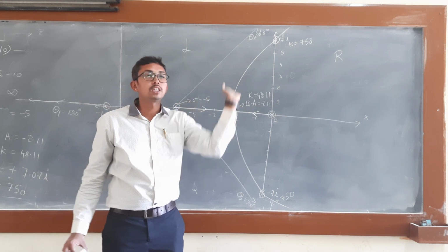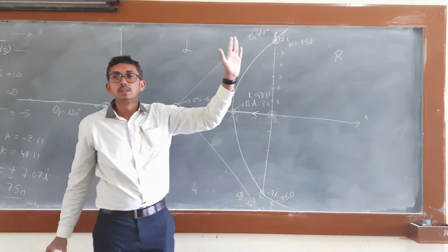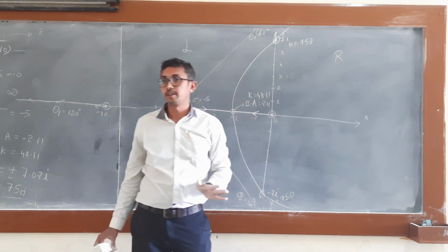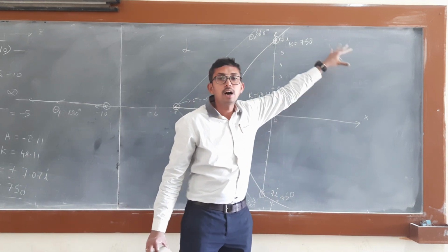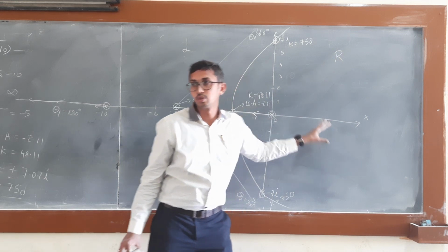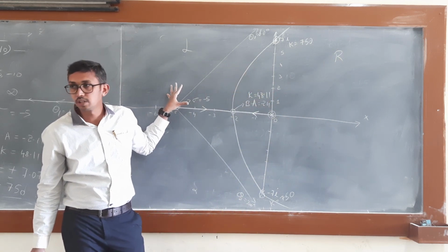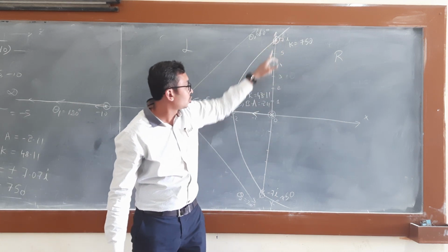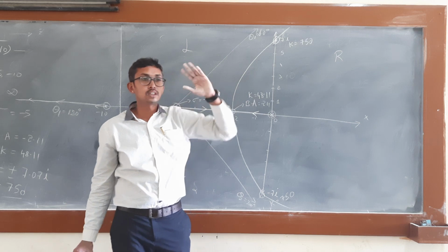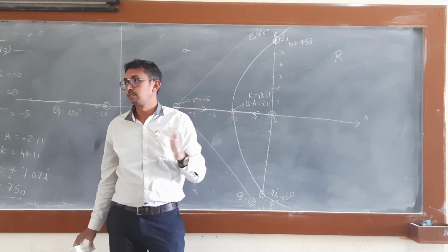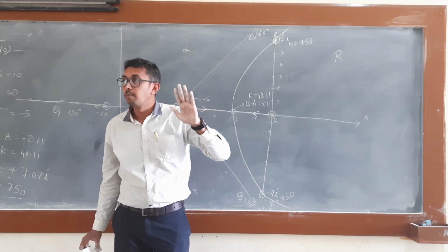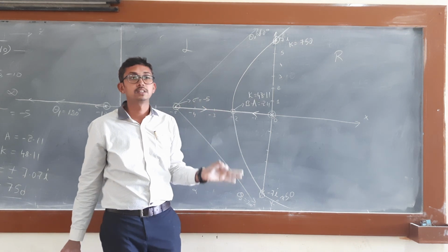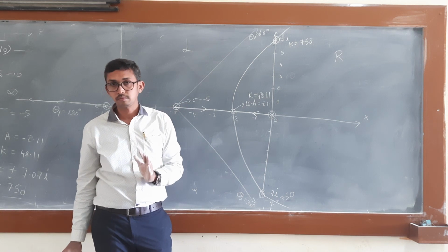When the k value increases more than 750, the root locus is coming towards the right of the S-plane, so this is the unstable region. The left is the stable region, the right is the unstable region. If the root locus is on the imaginary axis, then it is marginally stable. So this is the comment on the stability. That is step number 9.